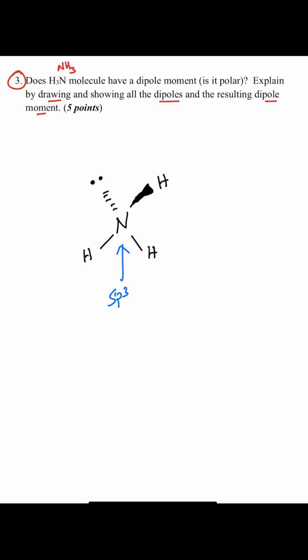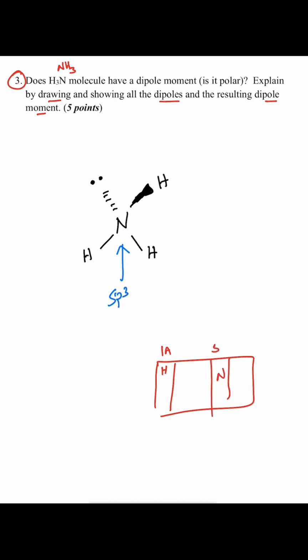Now if you look at the electronegativity values and you look at the periodic table, you will see that hydrogen is in group 1A, and then nitrogen is in group 5A. And we know that electronegativity increases as you go to the right, and because of that nitrogen will be partial minus, while hydrogen will be partial plus. So we could just go ahead and indicate partial minus on the nitrogen and delta plus on the hydrogen.